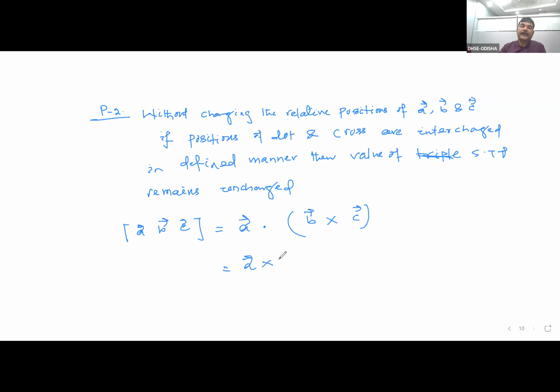Suppose vector A is equal to A1 i cap plus A2 j cap plus A3 k cap, so K A will be K A1 i cap plus K A2 j cap plus K A3 k cap.